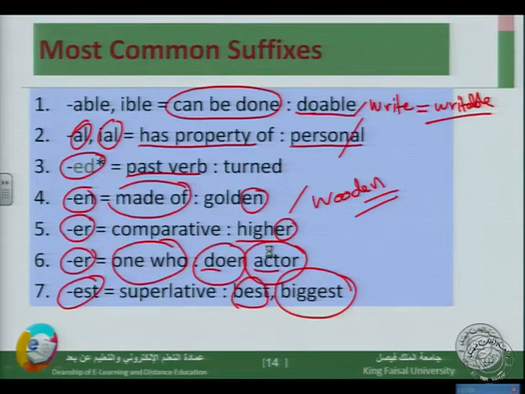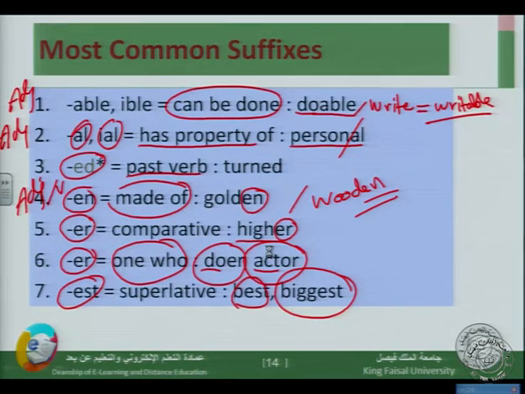Let us, for example, go back to the suffixes like able. The words that end with able are usually adjectives. Also with the al, adjectives. With the ed, either simple past or past participle. The en, they are usually adjectives or verbs.